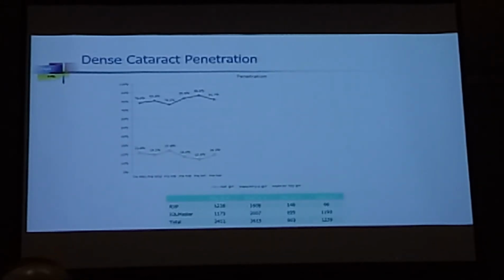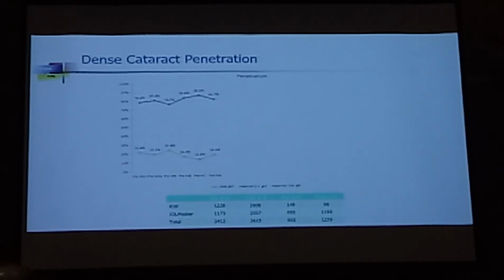The problem with optical biometers is that a dense cataract cannot be read. Ultrasound will read all. Here we show you the difference in penetration. This is the IOLMaster, the interferometry, not the swept source. These are the eyes that cannot be read, so we still have to rely on ultrasound.